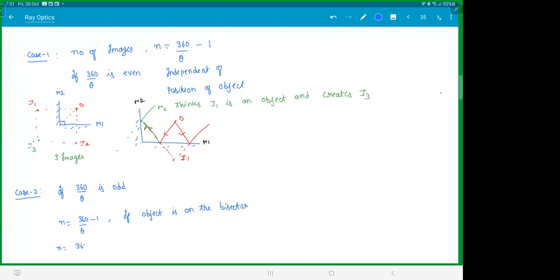Number of images will be 360 by theta, but let me give you a better way of figuring it out. I'll show you how to get those angles also. If the object is not on the bisector, be careful, this is valid only if 360 by theta is an integer. If you get 7.3, 7.4, it doesn't make sense. You take the nearest integer.